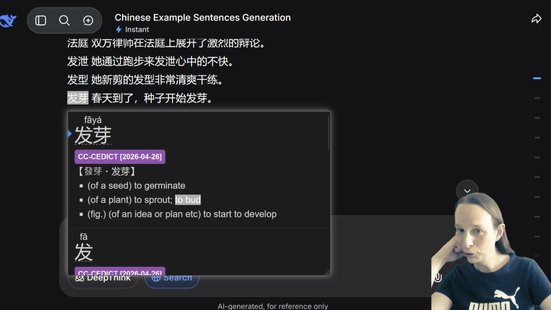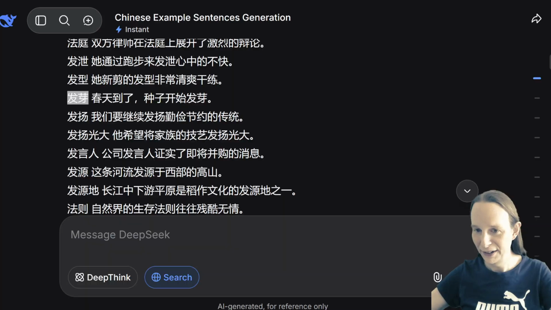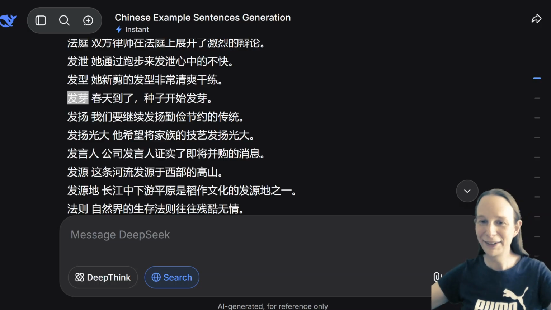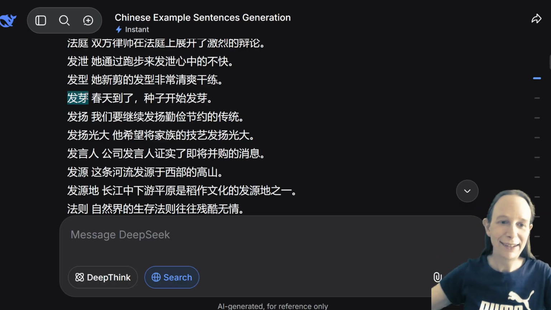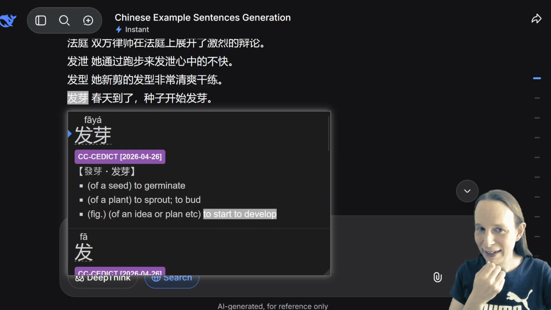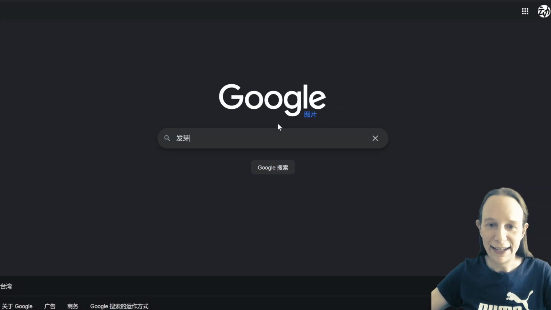So it can be used to bud. To bud refers to like you've got the bud on a twig or something on a tree rather than in the ground. And often used figuratively. 发芽，春天到了，种子开始发芽. 发芽, can I put it in there?